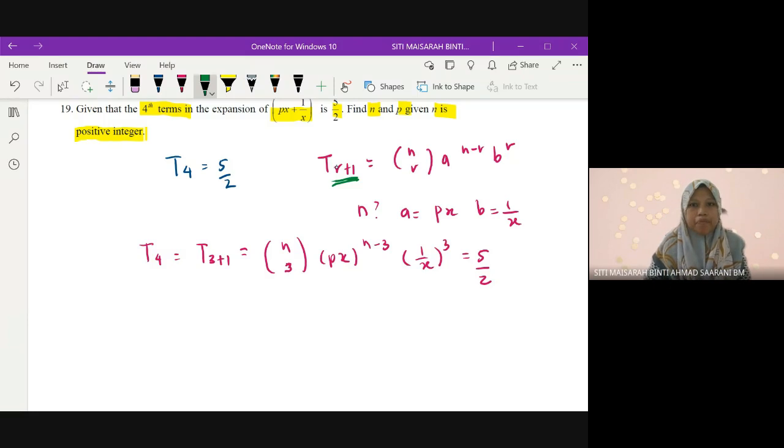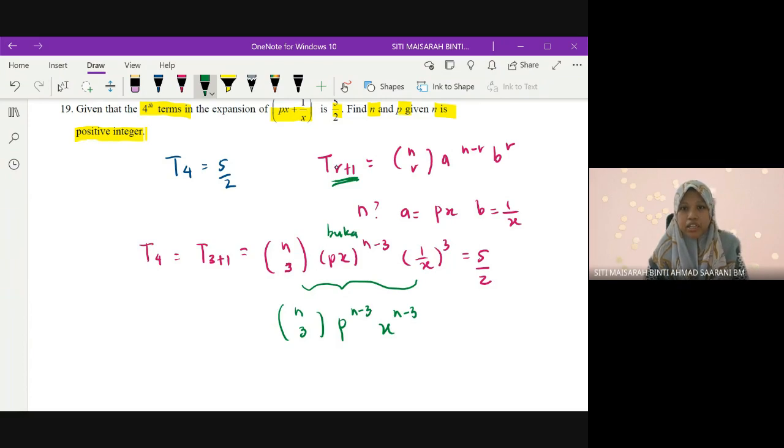Now we simplify the front part. This is nC3, P power n minus 3, and we expand it so it becomes X power n minus 3. And 1 over X becomes X power negative 1, cubed, so 1 over X cube becomes X power negative 3.